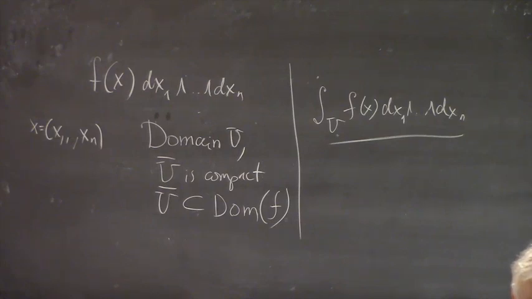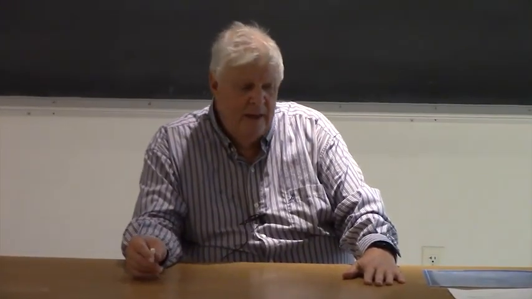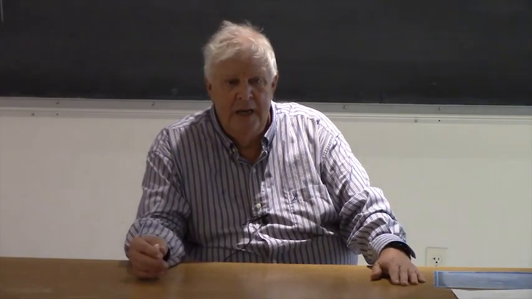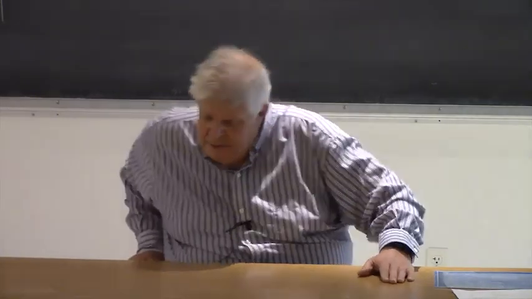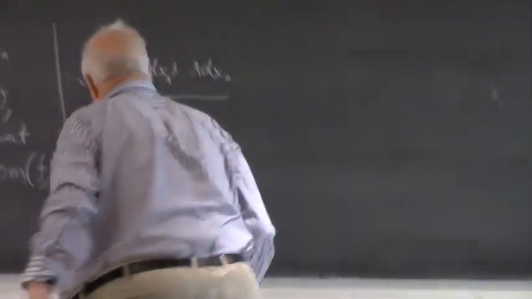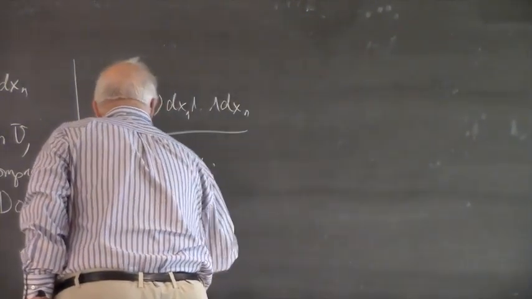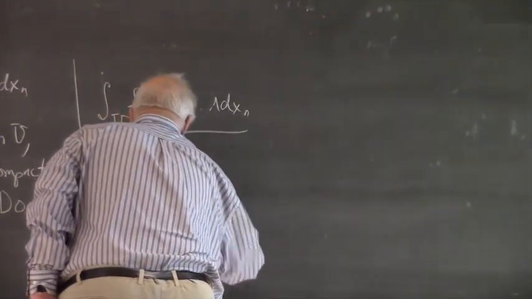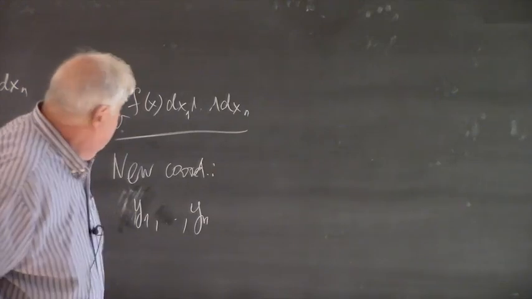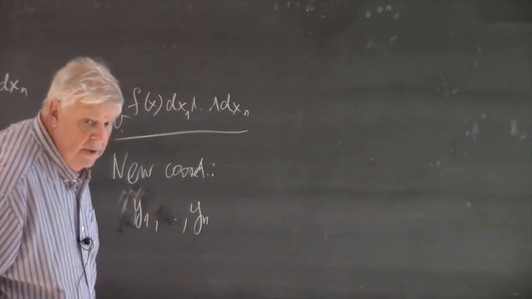The question arises, however, how much this integral is independent of the choice of coordinates. If we make a coordinate change, so if we introduce new coordinates x1 prime, or let me write y1, ..., yn, then the form itself can be written in terms of these coordinates.